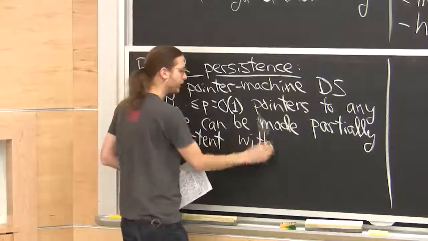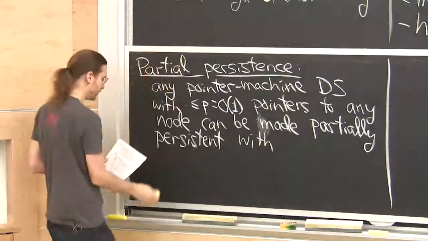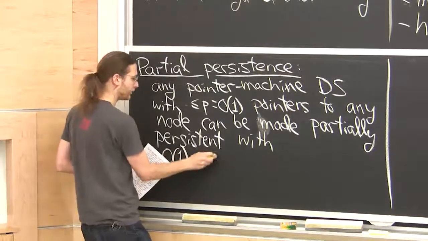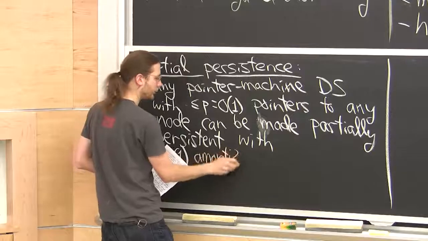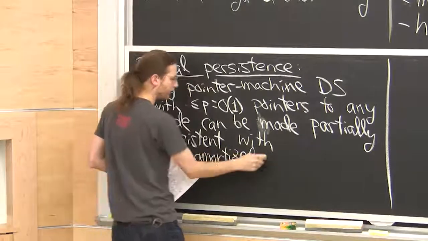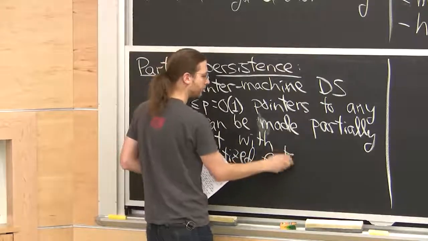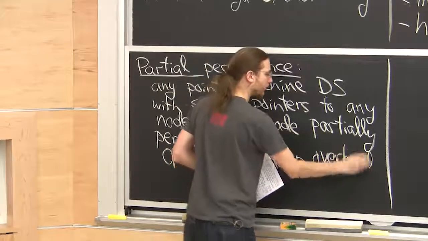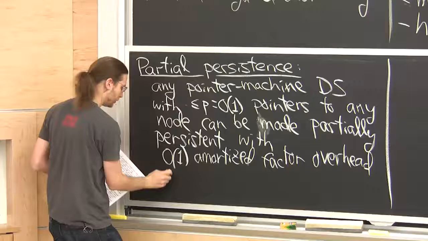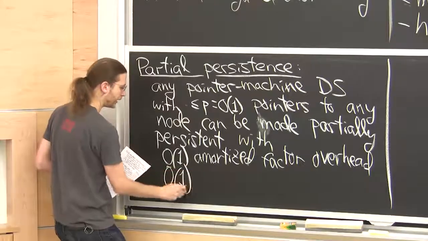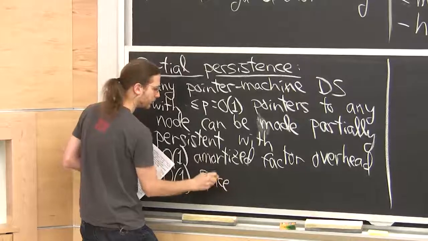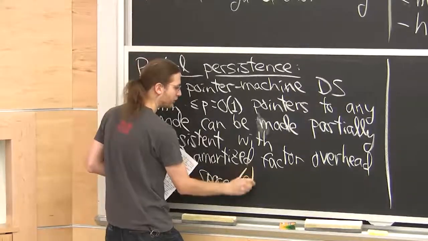You have to pay something, but you have to pay very little. Constant amortized factor overhead, so multiplicative overhead, and constant amount of additive space per change in the data structure.